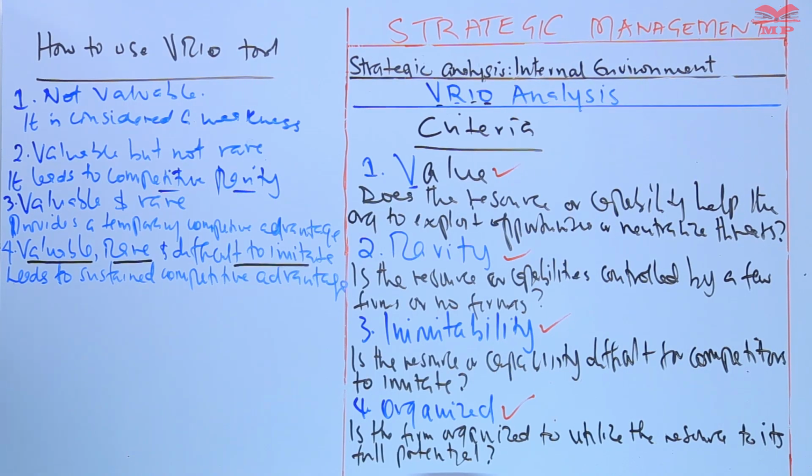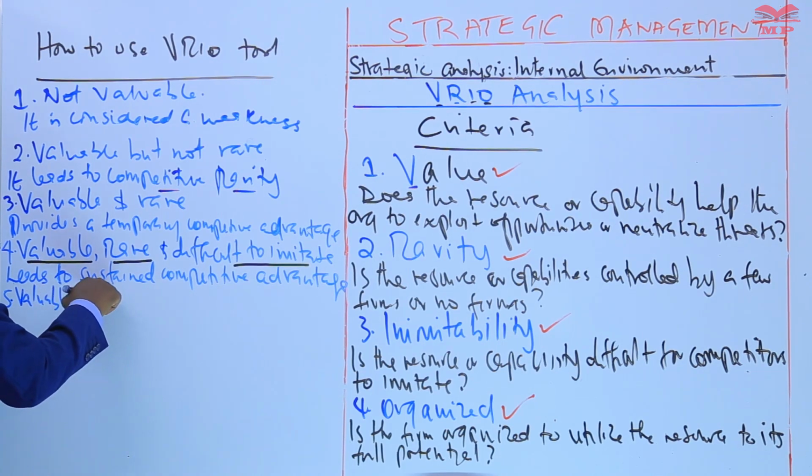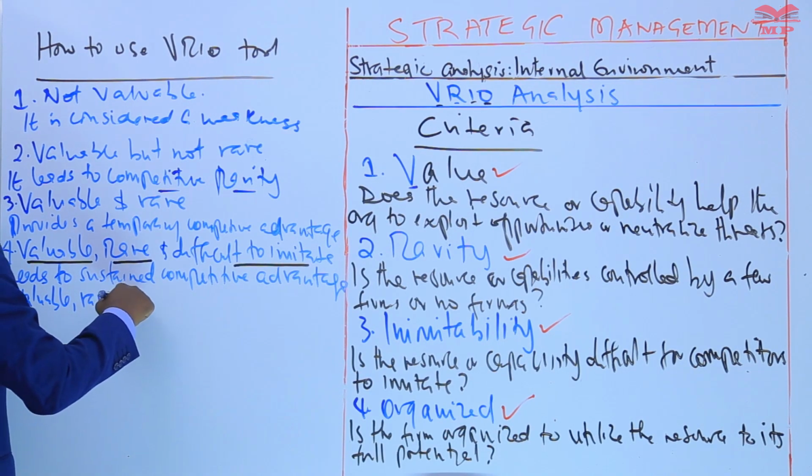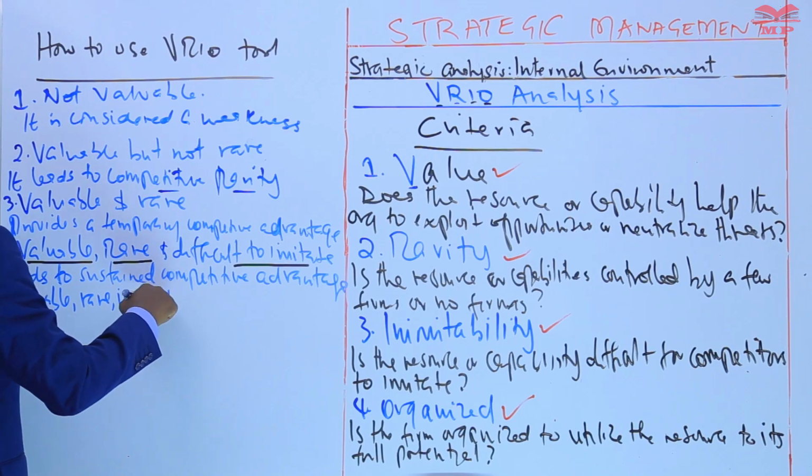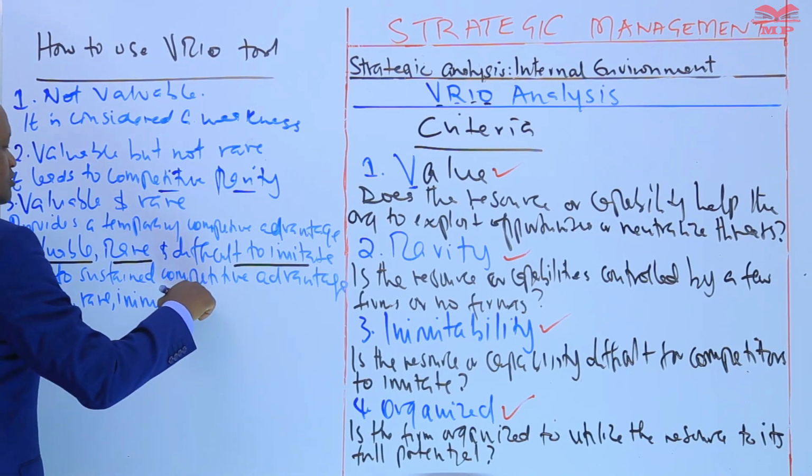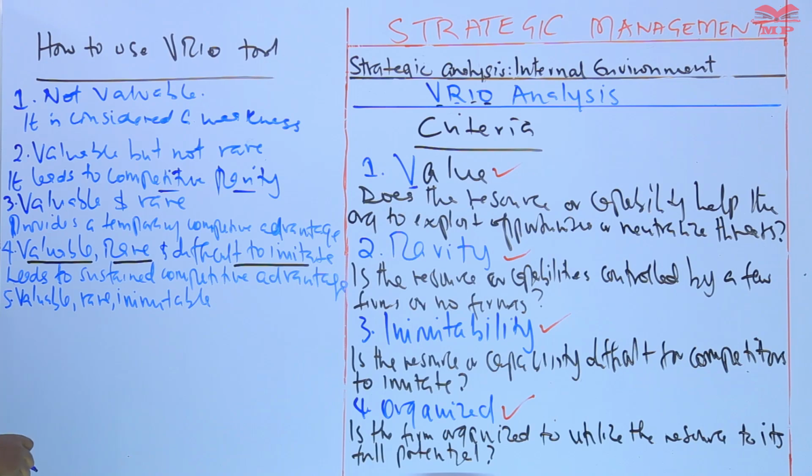Then there is the fifth way. A resource can be valuable, rare, inimitable. I want you to watch this.